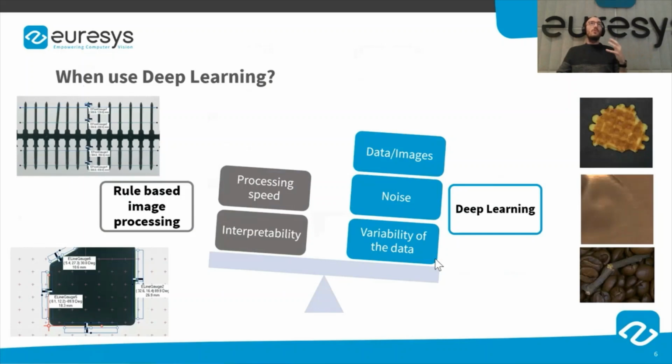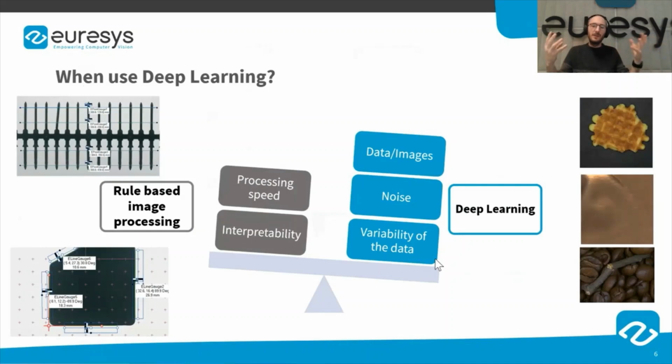So when would we rather use a deep learning algorithm compared to a rule-based image processing algorithm? Well, there are a lot of criteria and a lot of trade-offs to take into account to make this kind of decision. Here I have highlighted a few of them. So typically, a rule-based image processing algorithm will be faster.